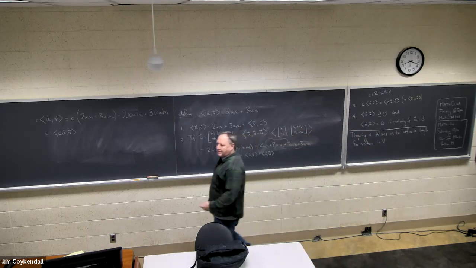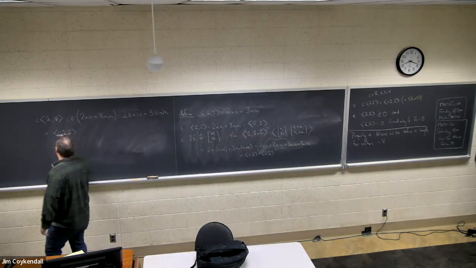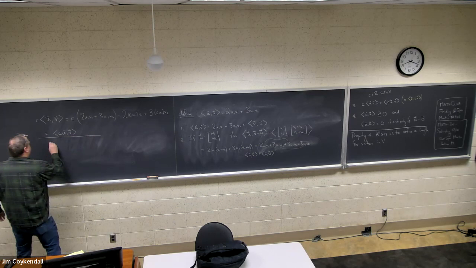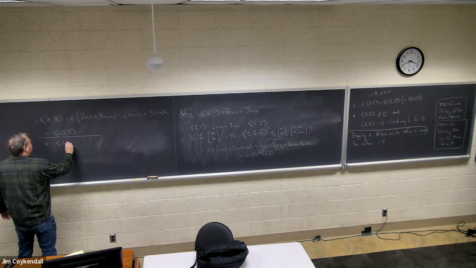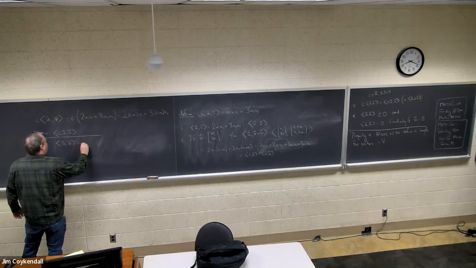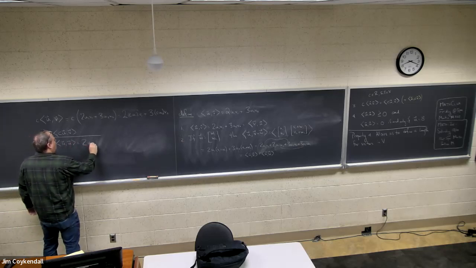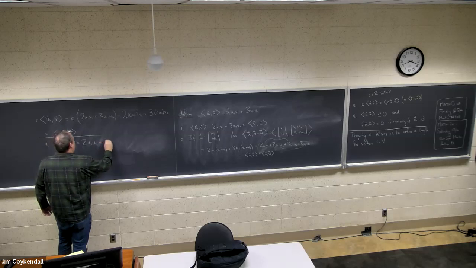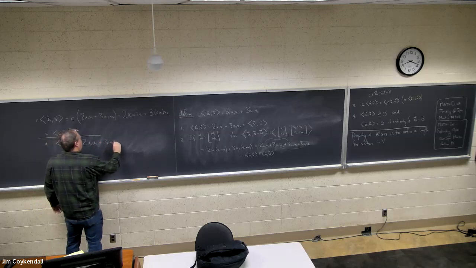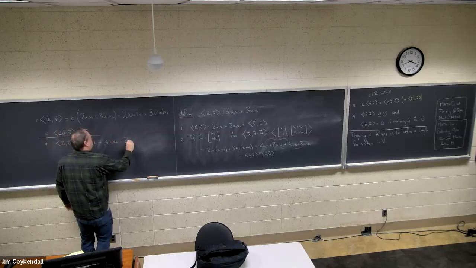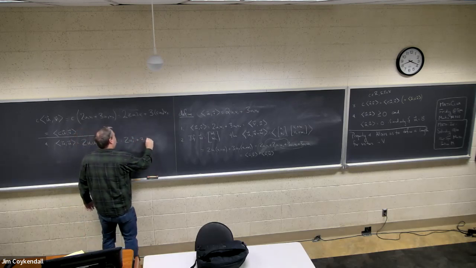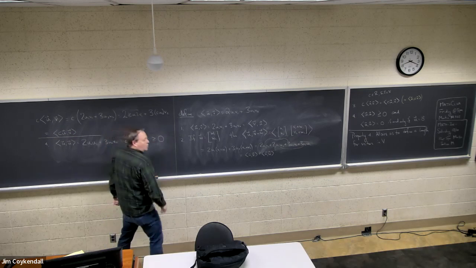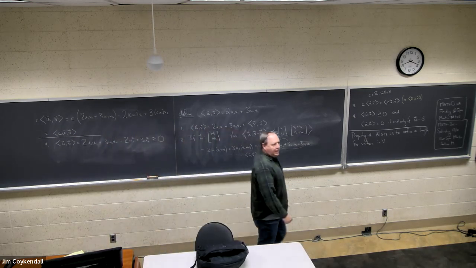And finally, what happens when you take the product of U with itself? This is 2 U1 U1 plus 3 U2 U2, which is 2 U1 squared plus 3 U2 squared, which is certainly greater than or equal to 0, right?